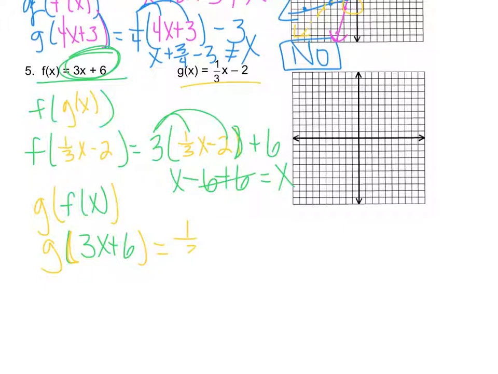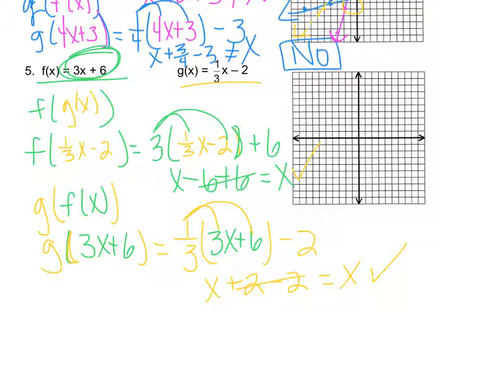So I have 1/3 times 3x plus 6 and then minus 2. So when we distribute, we get x. 1/3 times 6, we'll get 6 over 3, which equals 2, minus 2, which those cancel, and that equals x. So both of these equal x, which means they would be inverses. But again, on these two, it asks to show algebraically and graphically.